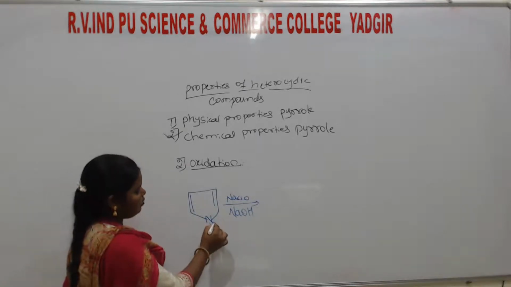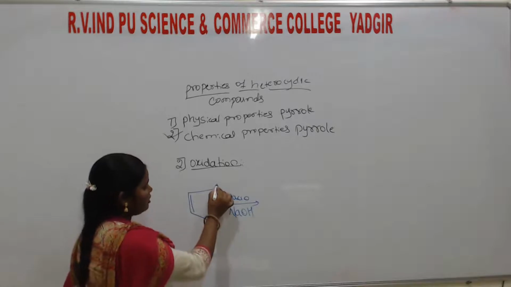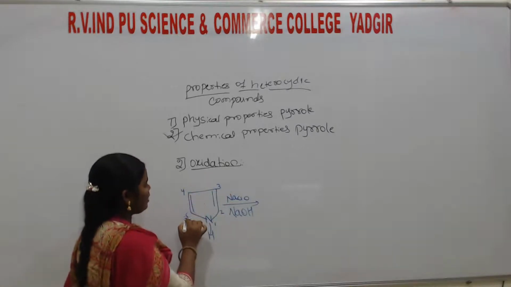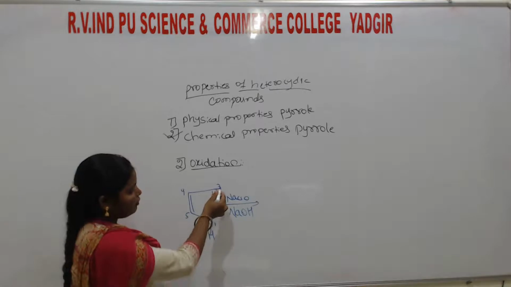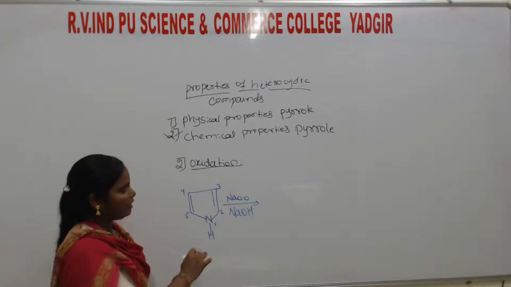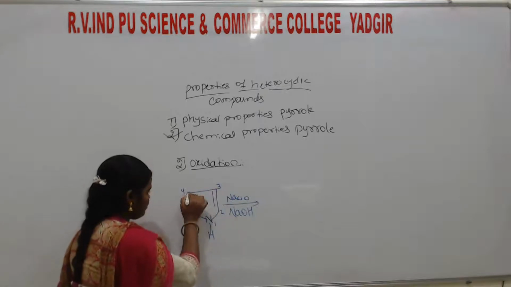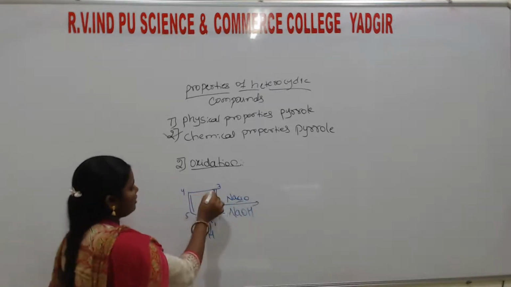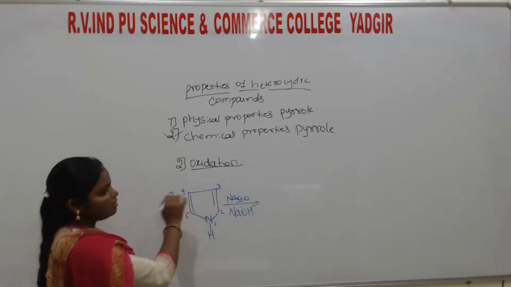Here this is 1, this is 2, 3, 4, 5. 3,4-dichloromaleimide. Here this is 3, this is 4, and the Cl is attached, one Cl here and one Cl here.